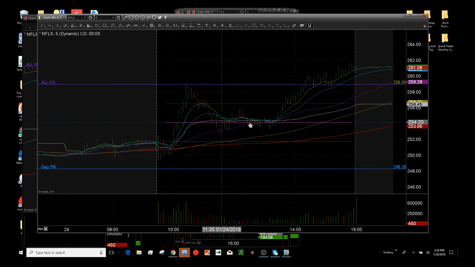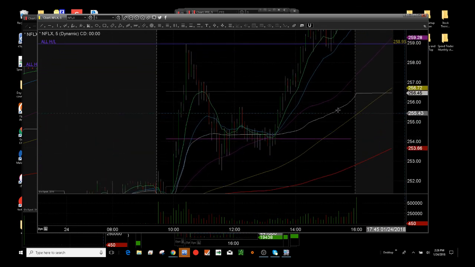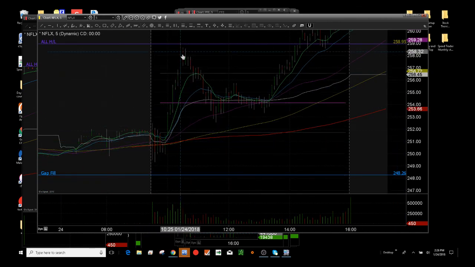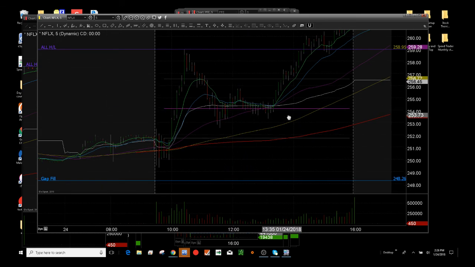This pinkish line is a 50% retracement. And I think 50% on these moves is an important number.